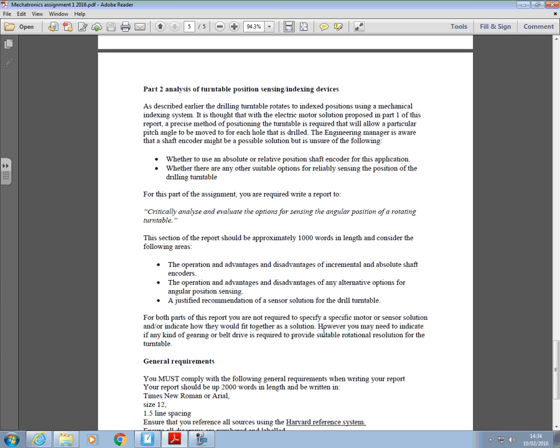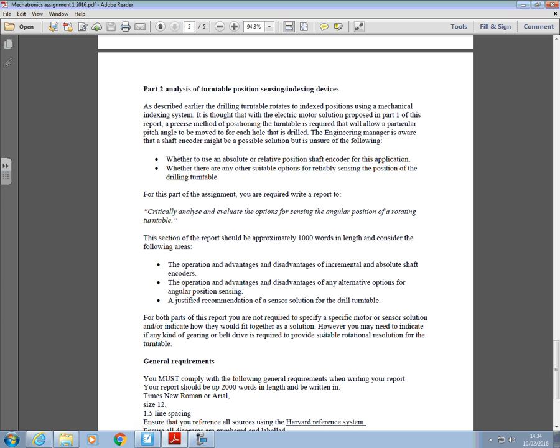The engineer and manager are aware that a shaft encoder might be a possible solution, but are unsure of the following. Whether to use an absolute or relative position shaft encoder in this application, and whether there are any other suitable options to reliably sense the position of the drill and turntable.